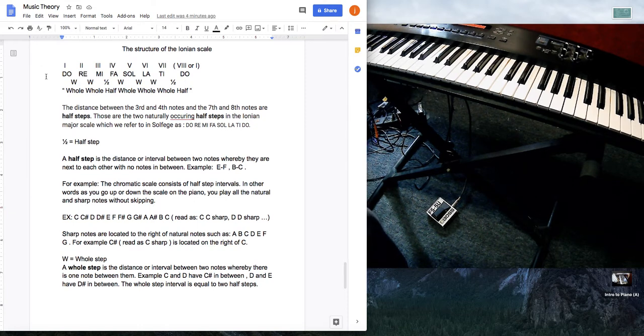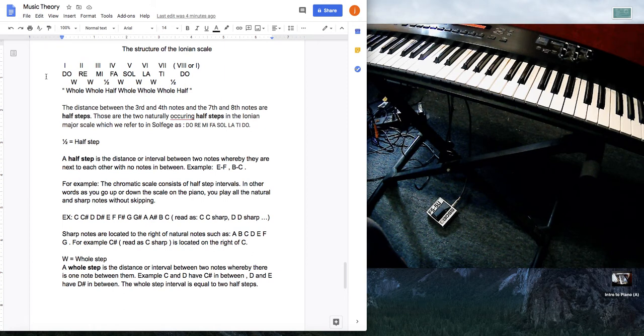So usually you hear people talk about the major scale, but actually there are different types of major scale. You have scales such as the Ionian scale, Lydian, Mixolydian.